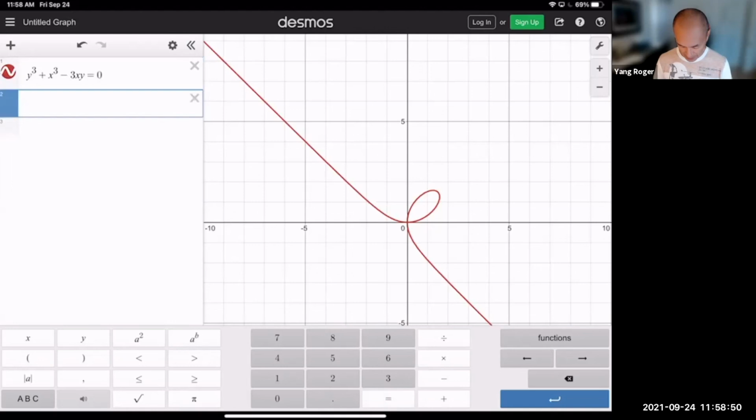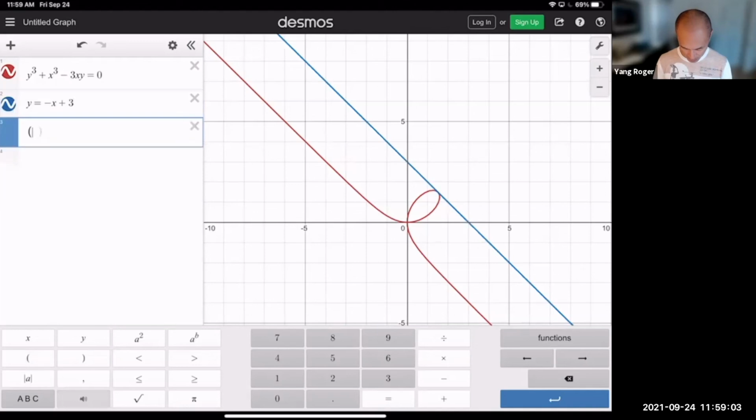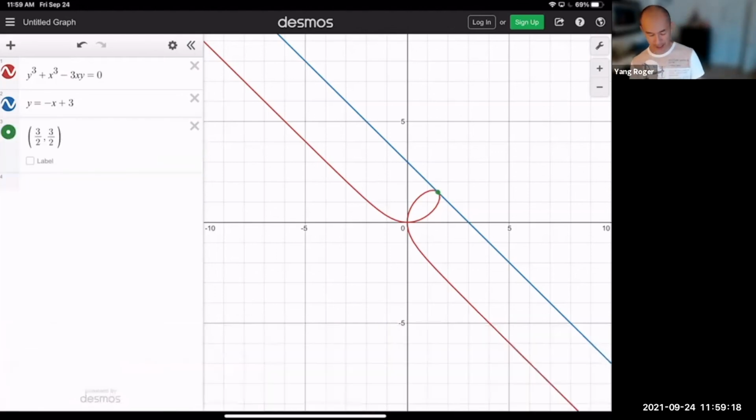And then the equation of our line was y equals negative x plus 3. And the point that we care about was (3/2, 3/2). So I hope you can see that we have our curve, and then that blue line was the tangent line that we just found. It's kind of cool, right? Looks cool.